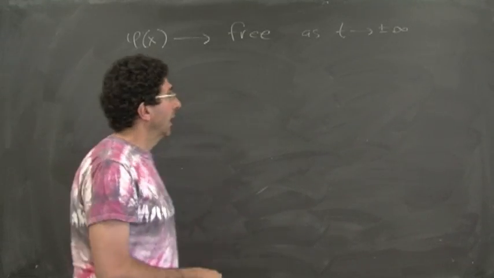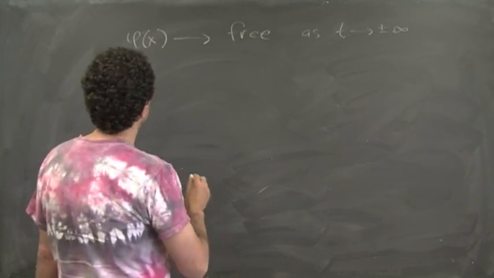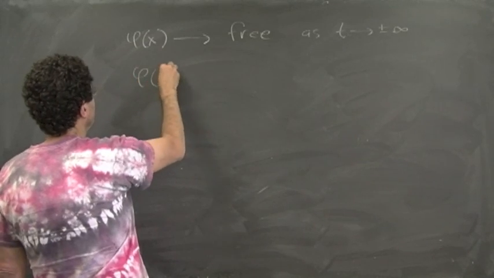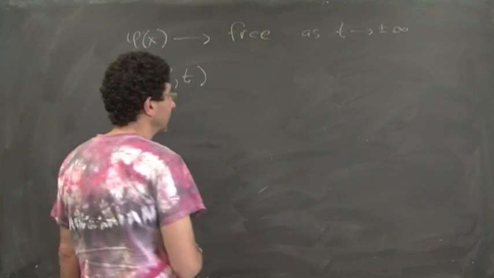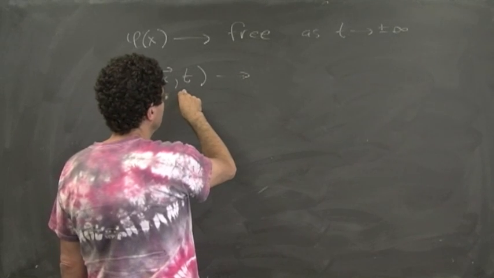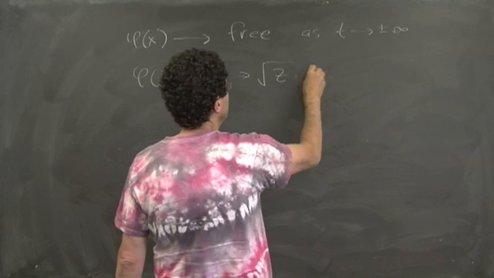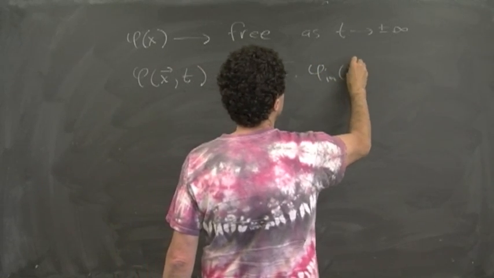Even this is not quite the precise conjecture. More precisely, the claim is that as we go to the far past, as t goes to minus infinity, we get a factor of root Z times an in-field.